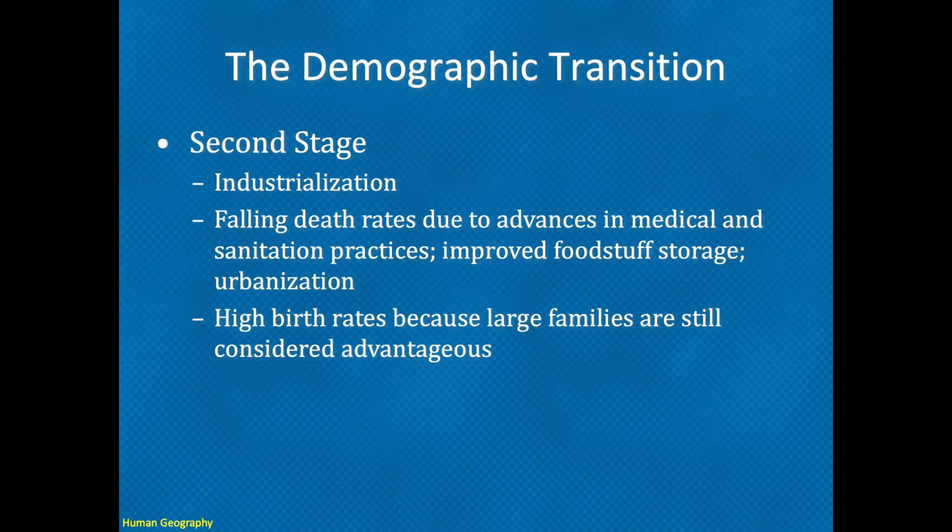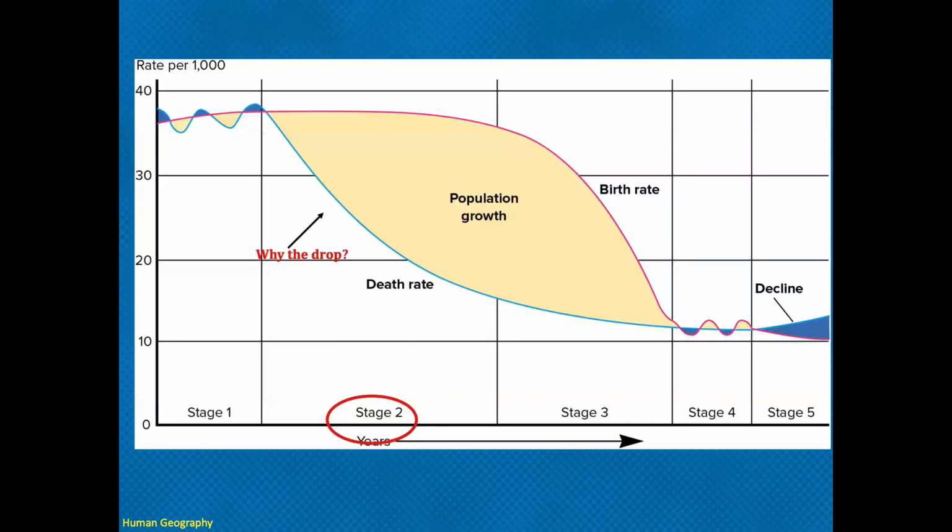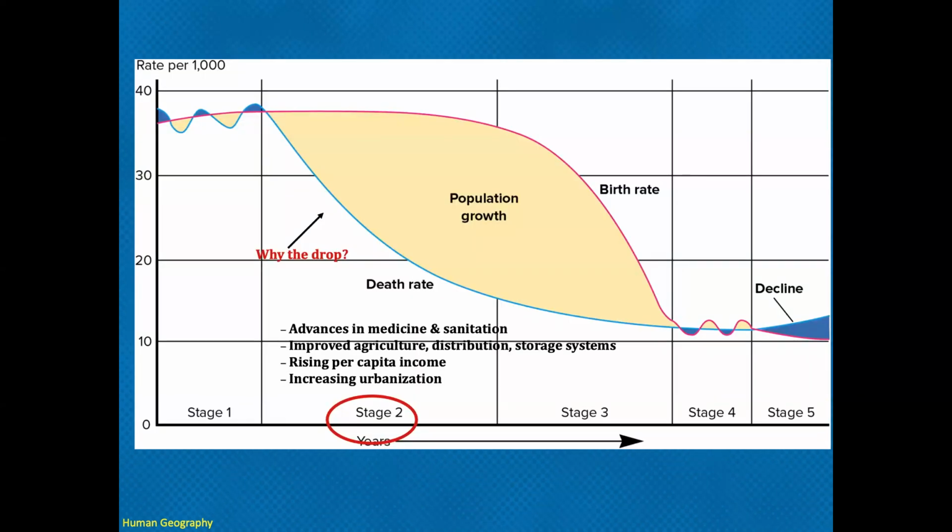So there's stage 1. Let's look at stage 2. Industrialization, rapid growth. You have falling death rates as people get better at sanitation and food storage and urbanization. Birth rates are still high because large families are still considered advantageous. Now, why the drop? You have advances again in medicine, agriculture, distribution, storage, rising income, increasing urbanization.